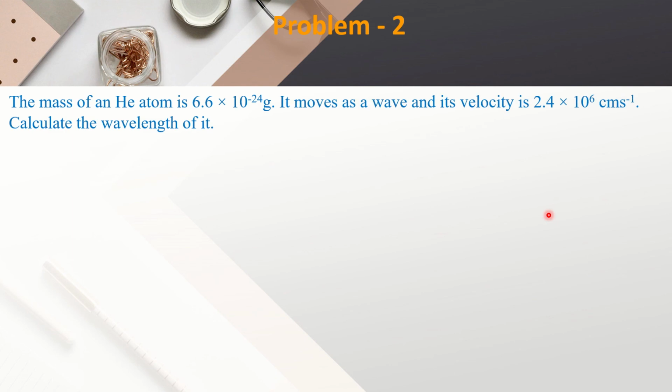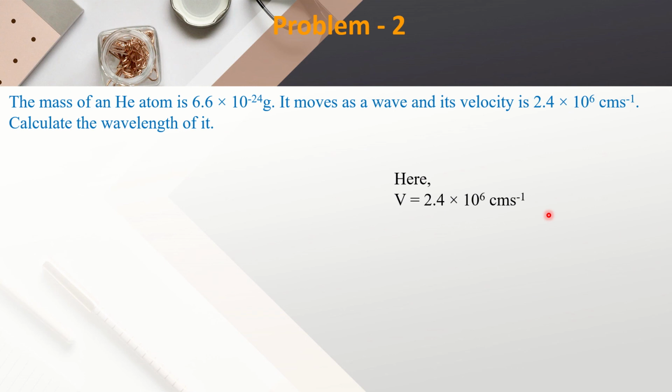And problem 2. The mass of a helium atom is 6.6 into 10 to the power minus 24 gram. It moves as a wave and its velocity is 2.4 into 10 to the power 6 centimeter per second. Calculate the wavelength of it. Here the mass of the helium atom and its velocity are given.